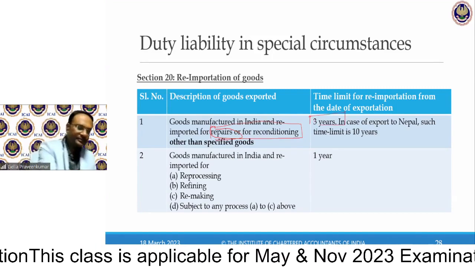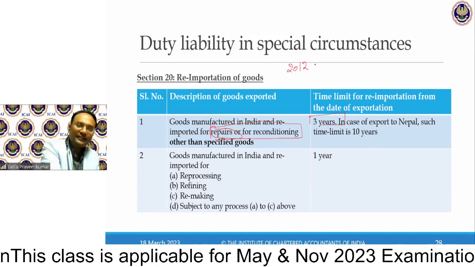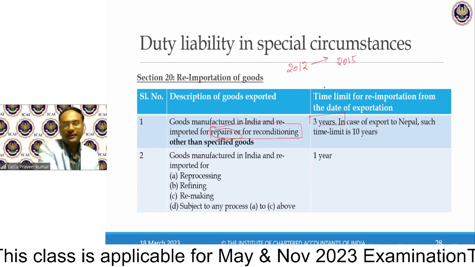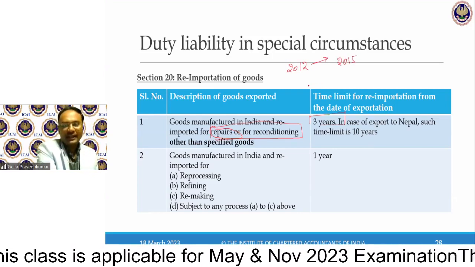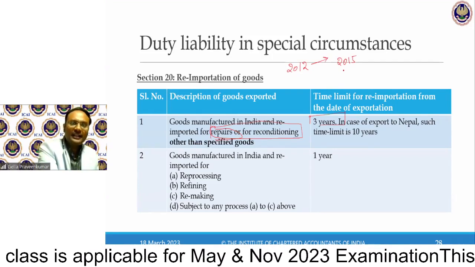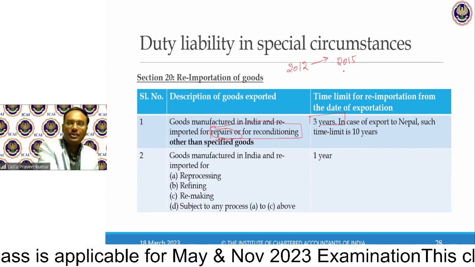That means to say, if I exported the goods in 2012, I can re-import them for repair without payment of full customs duty up to 3 years, that is up to 2015.